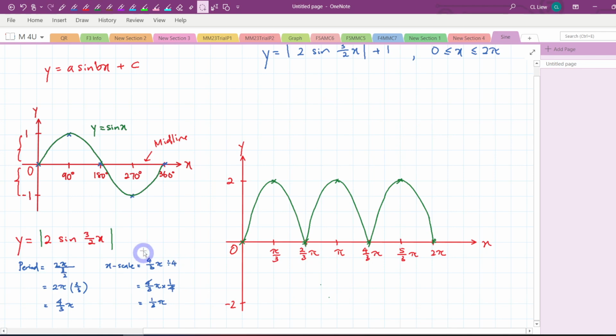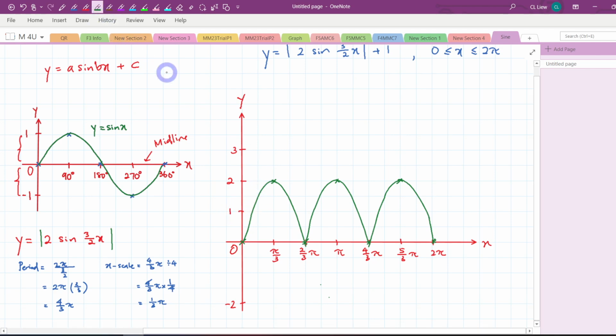Okay, the next step, I'm going to add 1, which means that this graph will be shifted vertically upwards 1 unit. So I need to extend this vertical axis. Add 1 more unit, 2 add 1 more unit becomes 3.